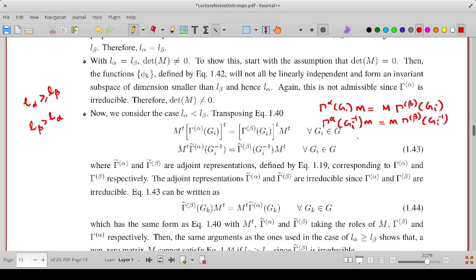Now if I take the transpose of this equation, I will have on the left hand side m transpose times gamma alpha transpose of gi inverse equal to, on the right hand side, gamma beta gi inverse transpose times m transpose.